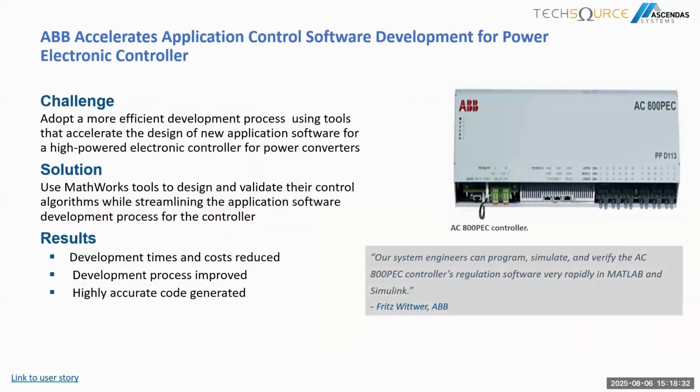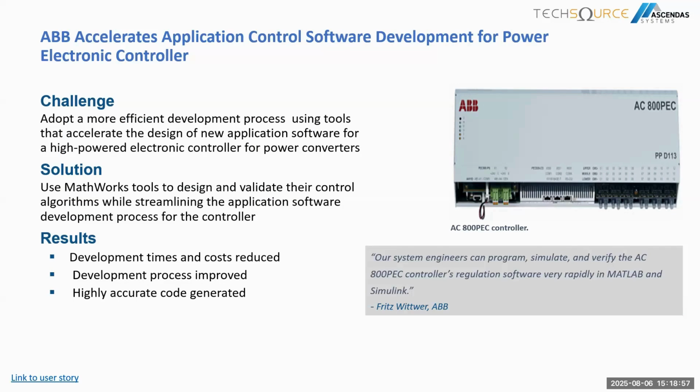An example of this is from ABB, where they are accelerating the application of control software for their power electronic controller. The challenge is to be more efficient in the development process, using MATLAB tools to accelerate the design for high power converters.